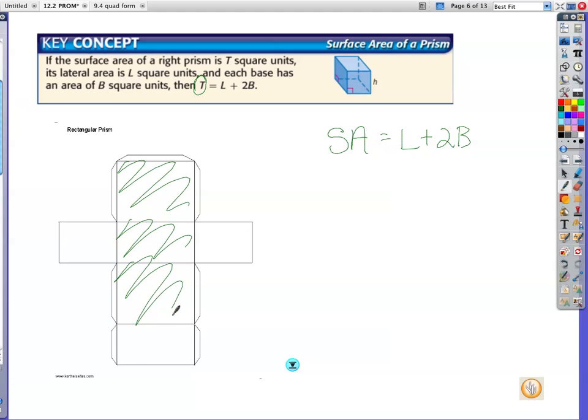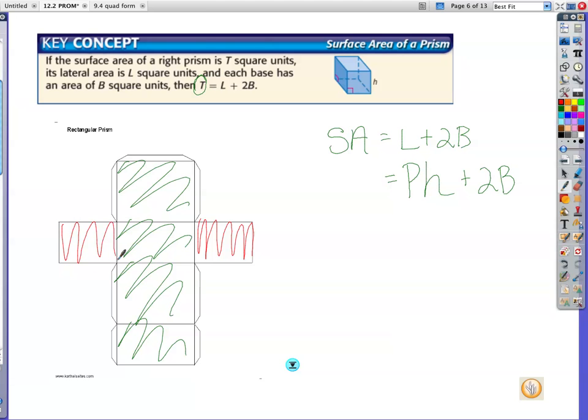And we just talked about that formula. You're going to add all your base times heights, or the faster way is perimeter times height. And then you have to add in your 2 bases. So let me put that in red. This is a base, and this is a base. Okay, and that's just weird because it's a net we're looking at. So when you add all those up, you get the surface area.